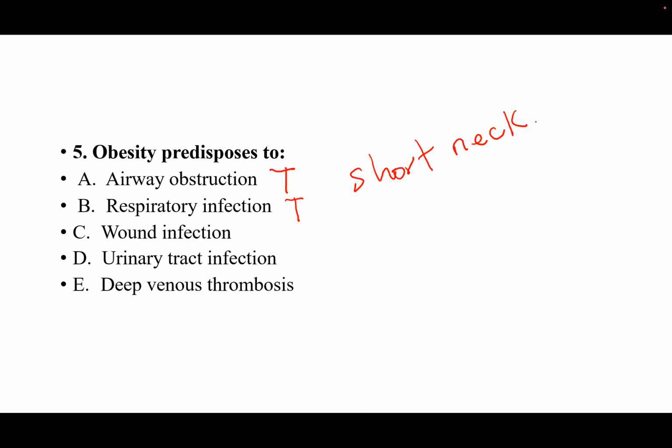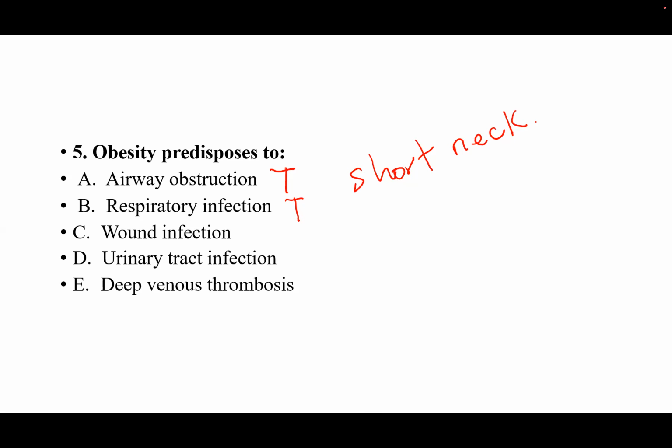Of course, even their respiratory excursion and their vital capacity, all these things are reduced in the obese individual. So obesity is a serious problem.